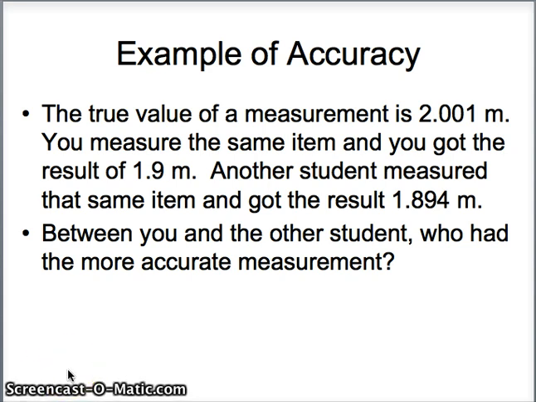If you said that the other student is more accurate, you'd be wrong, because 1.9 meters is definitely closer to 2.001 meters than 1.894 meters. So that means you, having measured 1.9 meters, are more accurate because it's closer to the accepted true value of the measurement.